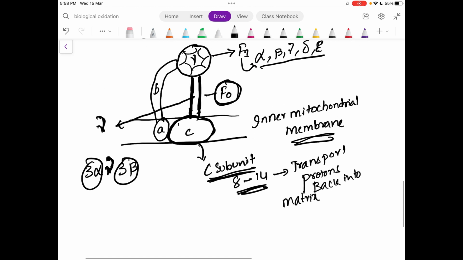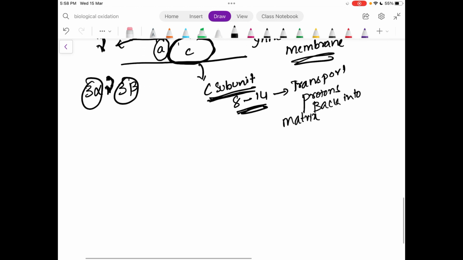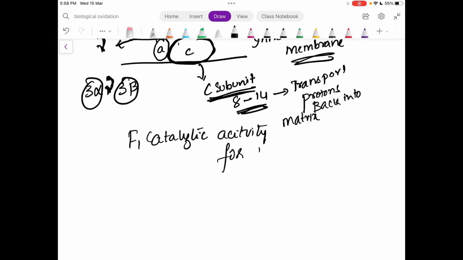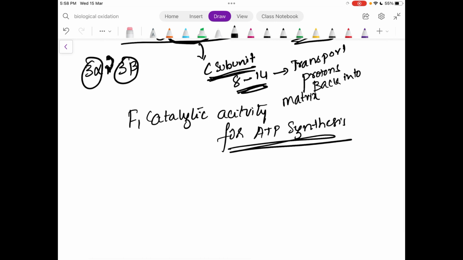This F1 has catalytic activity for ATP synthesis. In this F1, the beta subunit especially will participate in ATP synthesis.